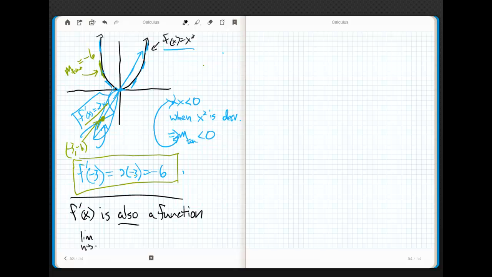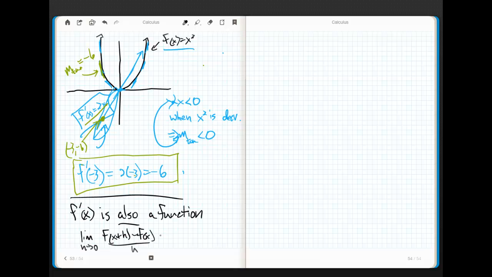The limit as h approaches 0 of f of x plus h minus f of x all over h. Look, I've got a limit of a function minus a limit of a function, right? So if I do that, then I'm taking a limit and then I'm just dividing by a constant. These are both functions, so it's got to be a function, all right?